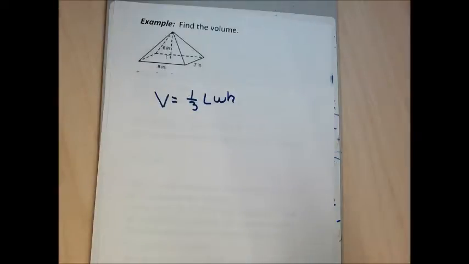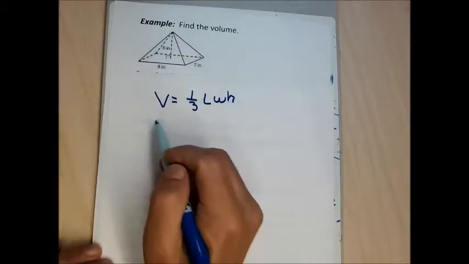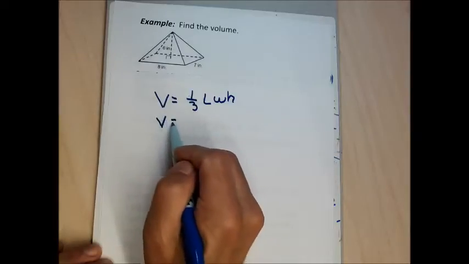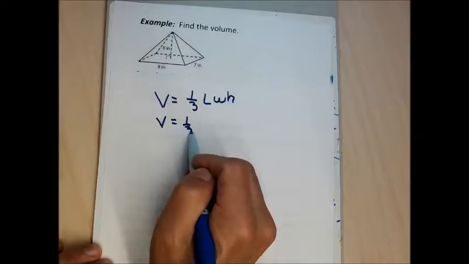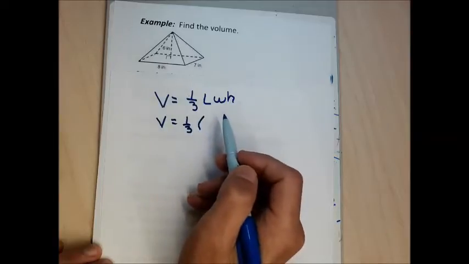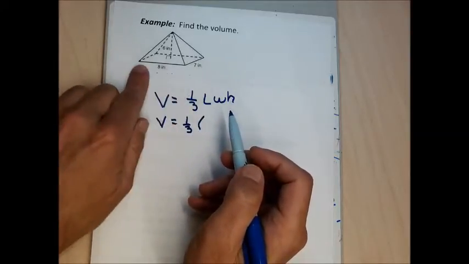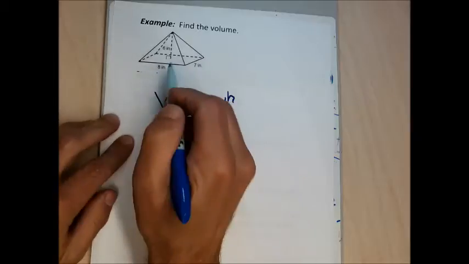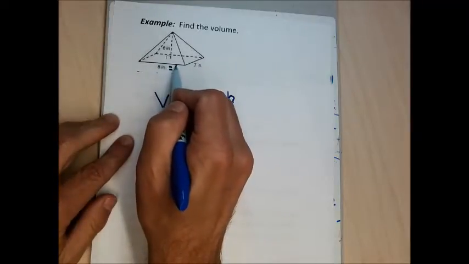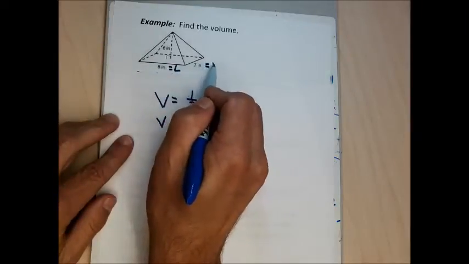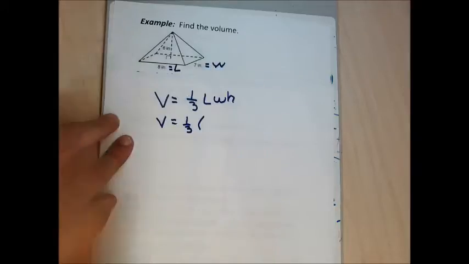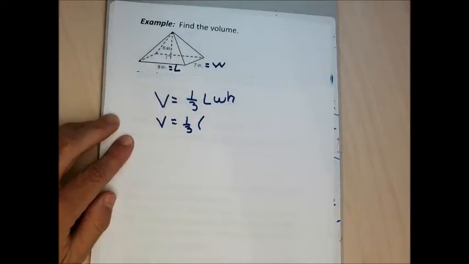So to find the volume of this pyramid, I'm going to just use the formula. I'm going to go volume equals 1/3, and then the length times the width come from the rectangular base. Usually when I go to assign lengths and widths in a rectangle, I make the length the longer one and the width the shorter of the two.